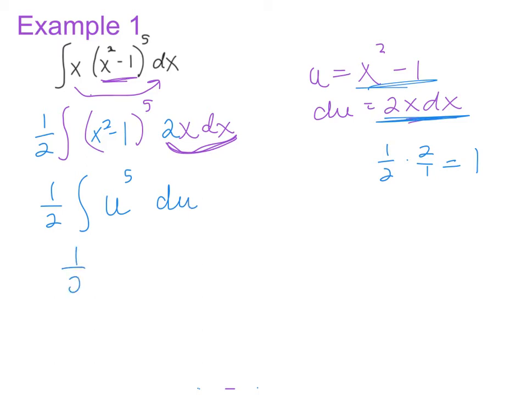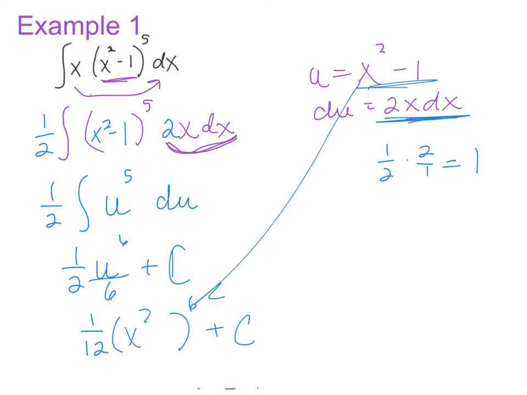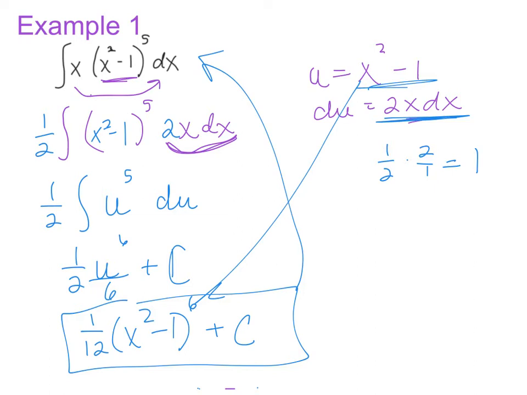We have 1/2 u to the 6th over 6 plus c, right? So this would be 1/12 u to the 6th plus c. Well, what is u? U is x squared minus 1. And so this is the antiderivative of this value. That's what the original function was.